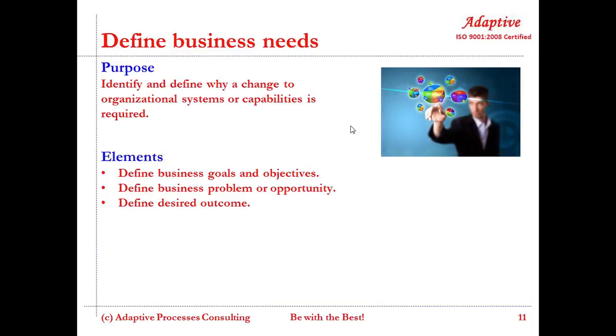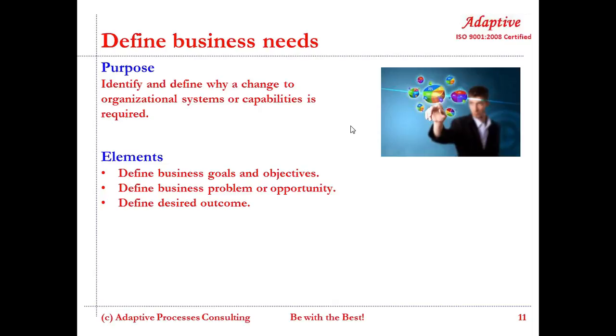When we define a business need, we have to make sure that the change or the problem is solved. Whatever change we are proposing or the client is expecting, we're going to make sure that we meet it. So how do we meet them?